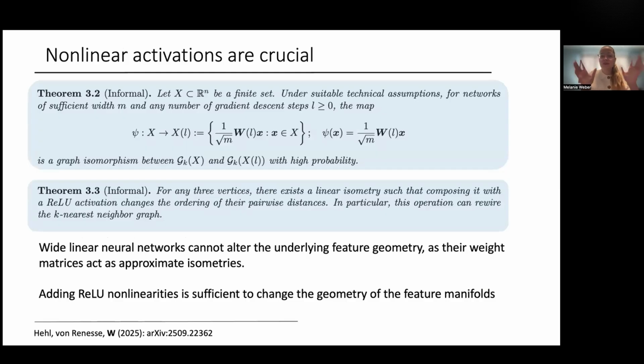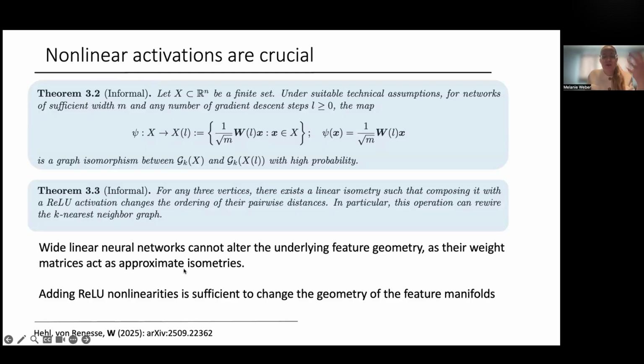Now, having observed this phenomenon, let's think a little bit about how that relates to certain choices that we might make in model design. So the first insight that we can get here, an observation that's of course been made before, but where we can get a geometric insight, is the essential role of nonlinear activations.